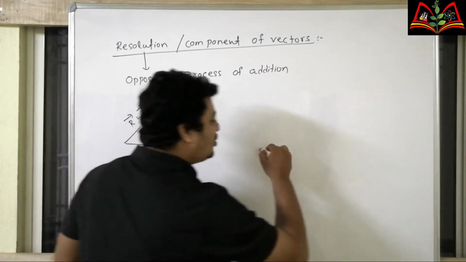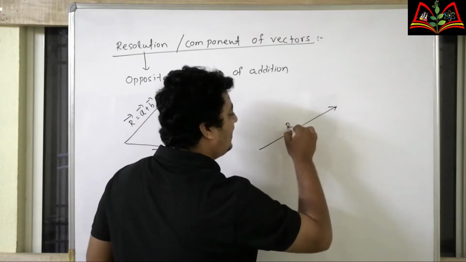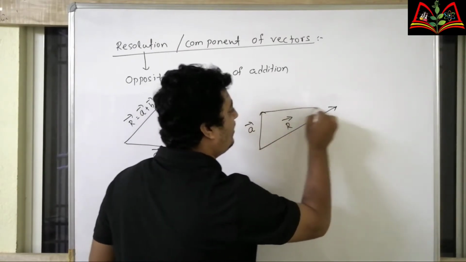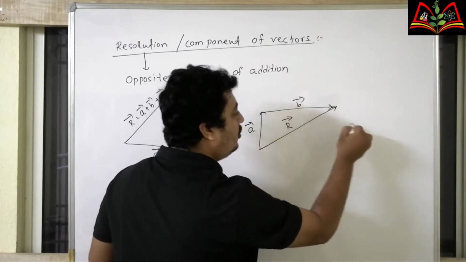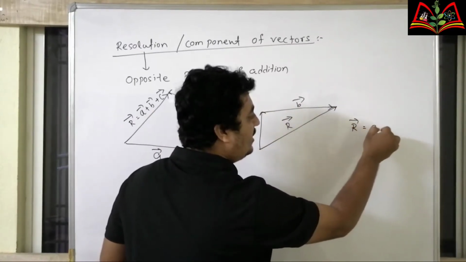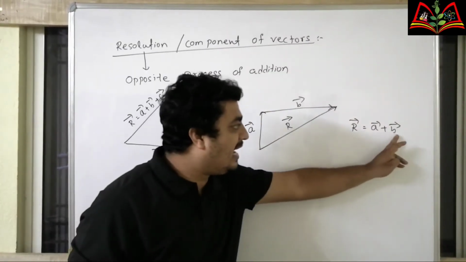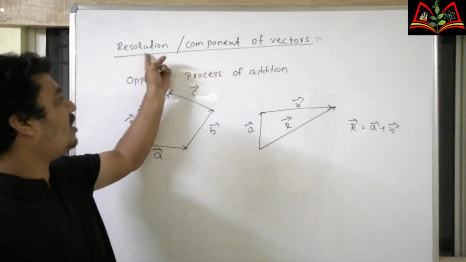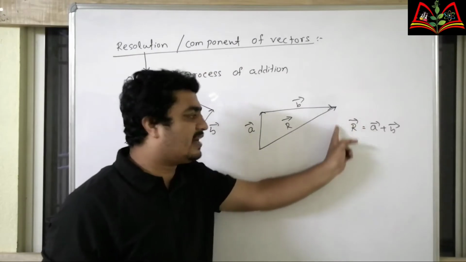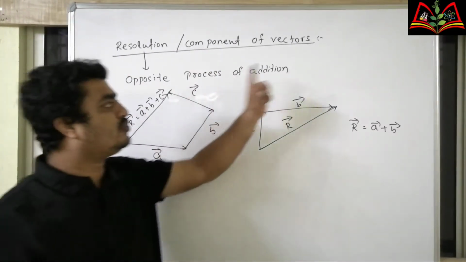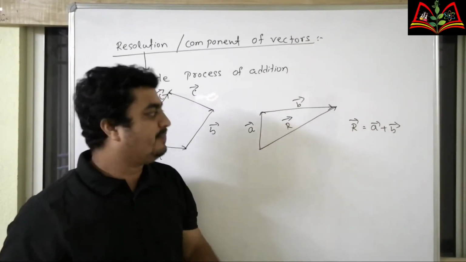Now, in resolution, let there be a single vector R. We represent it as the sum of a number of vectors. So, we can write R equal to A plus B. So, we can say A and B are the components or resolution of the vector R.